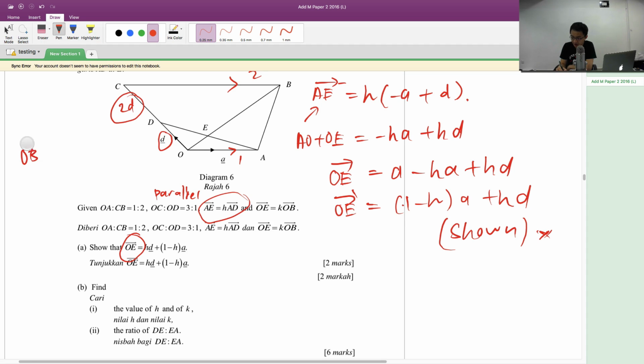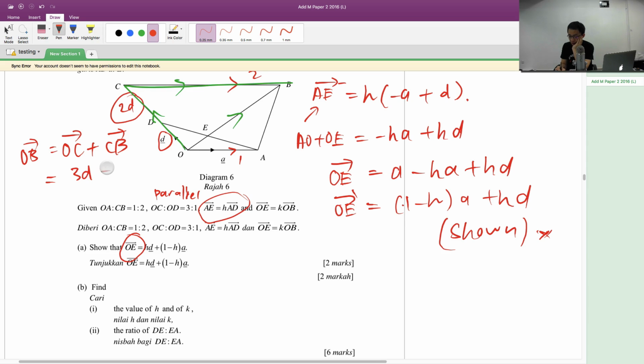For the diagram here, in order to go from O to B, you can go this way first, then go this way. So I can say it equals OC plus CB. OC I have already, OC is basically 3D.